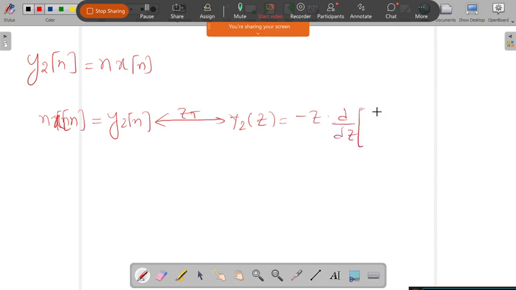Minus z into z square plus 4 minus 2z square divided by z square plus 4 whole square. Okay, we'll check that.